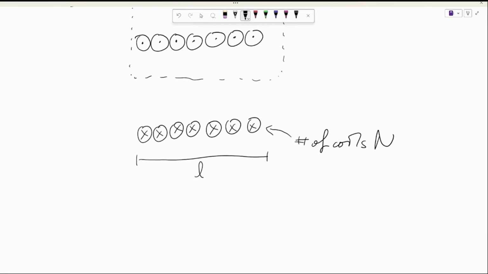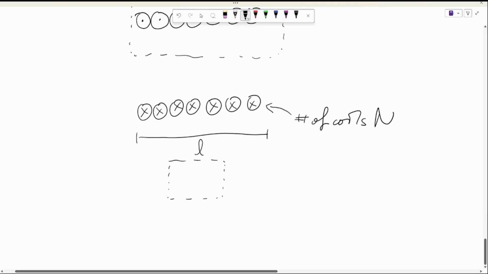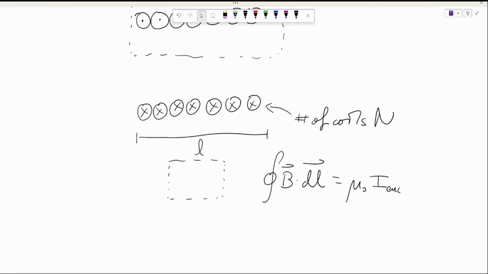Ampere's law. Okay, so we draw some random surface out here, and we do Ampere's law, which, just to write it again, is the integral of B dot dl equals mu naught I enclosed. For this surface there's obviously no I enclosed, so we know B dot dl must be 0.